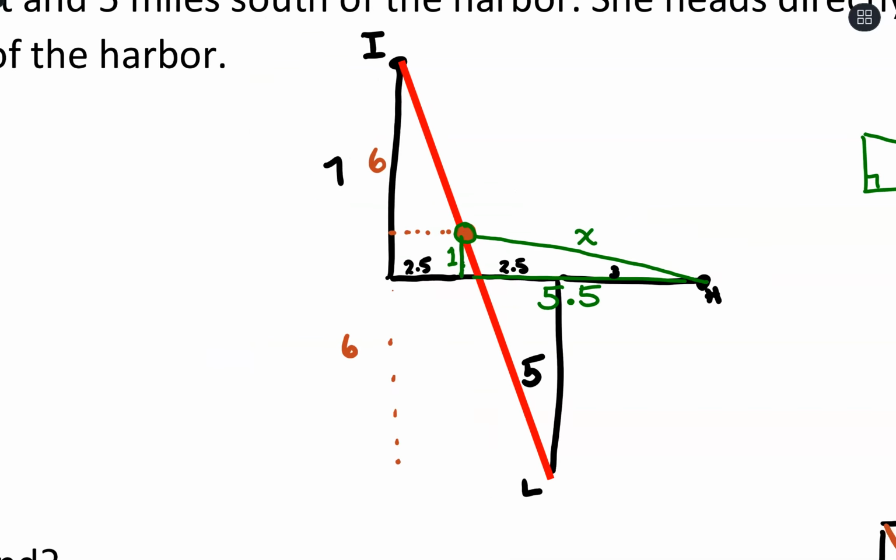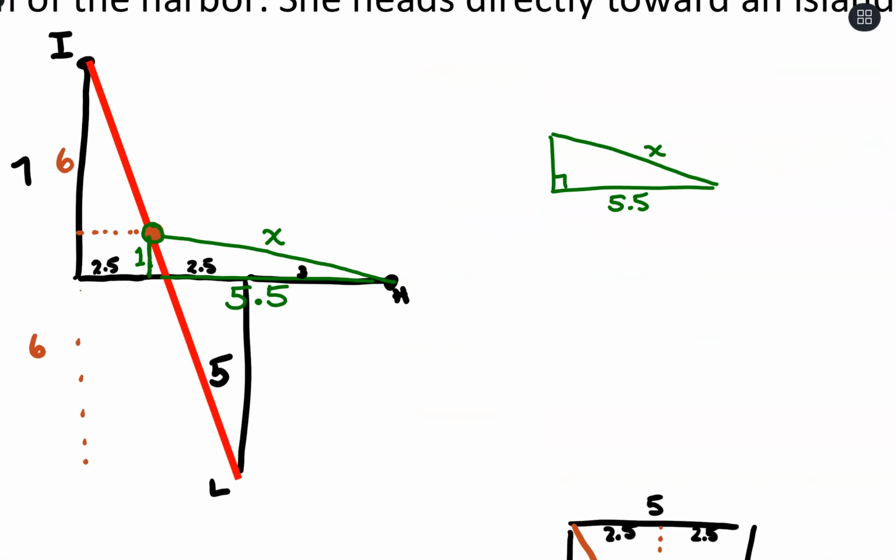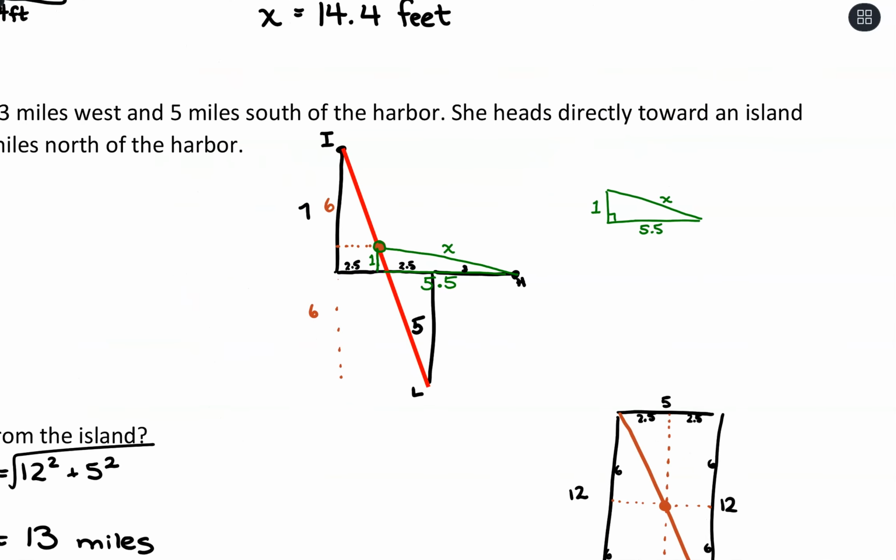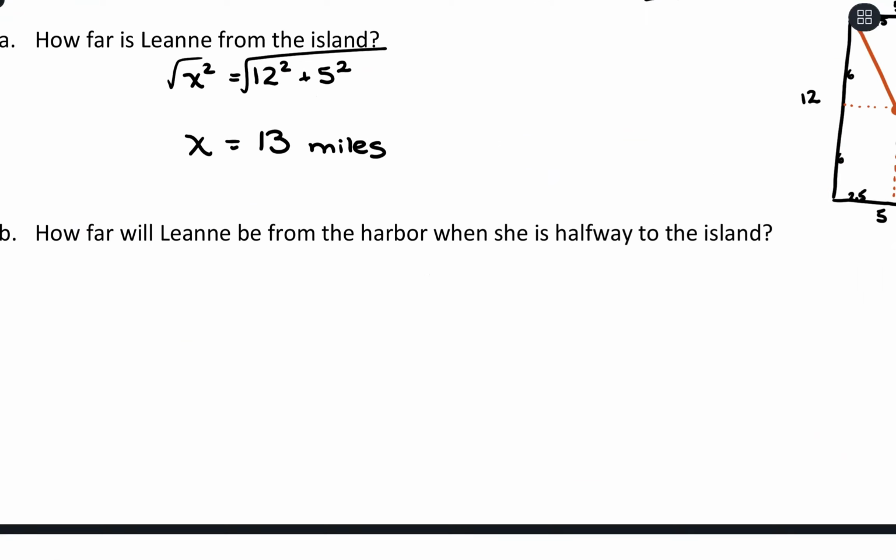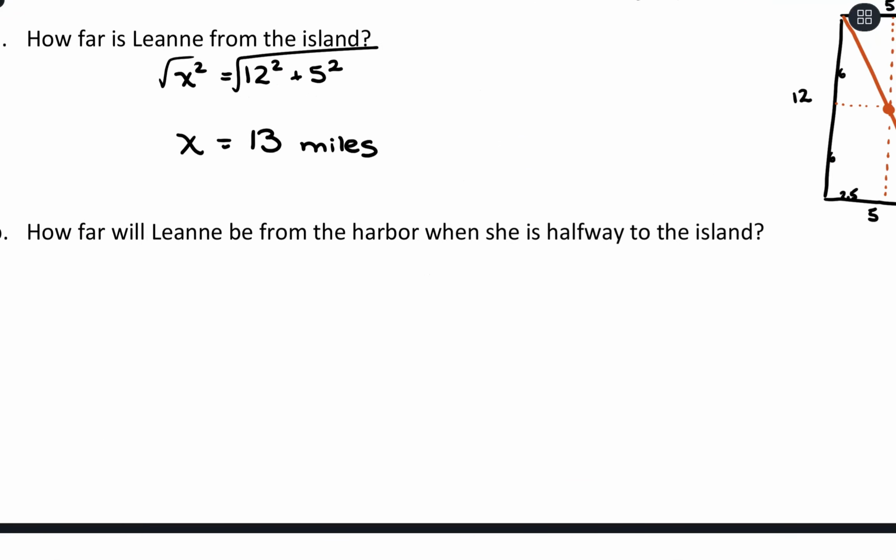If we zoom out, this is where our rectangle is. We could see that cutting point made those two distances of 6. So we had that missing distance of 1 right there. Okay, so our right triangle is a 1 and 5.5. So we're looking for the distance of the hypotenuse, and that's coming from 1 squared plus 5.5 squared. And then we'll take the square root.